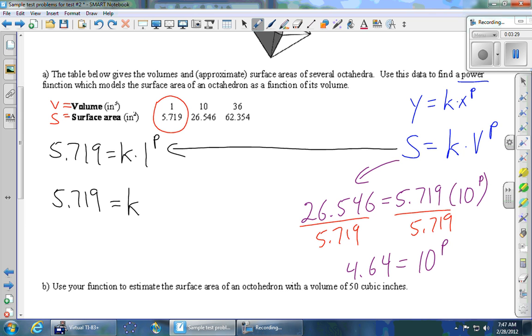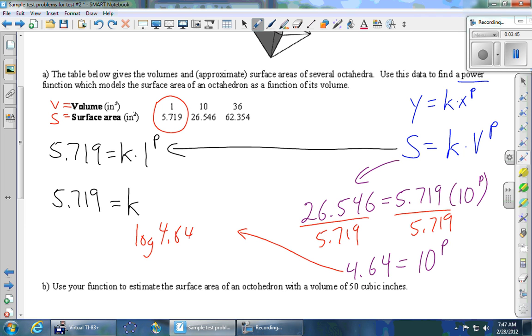And then we'll hit both sides with the log. Your choice whether you use common log or natural log, but in this case, because it's a 10, one of those choices is much better than the other. I think the one we want to use is the common log. So log both sides.